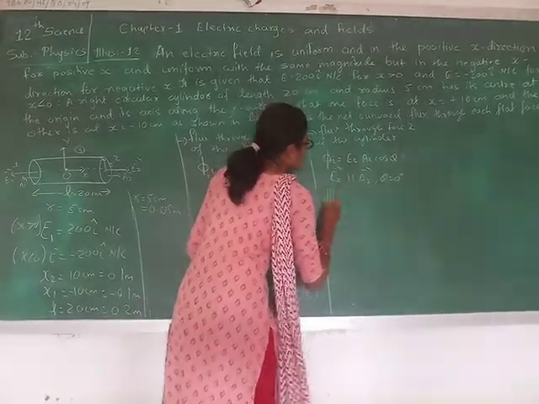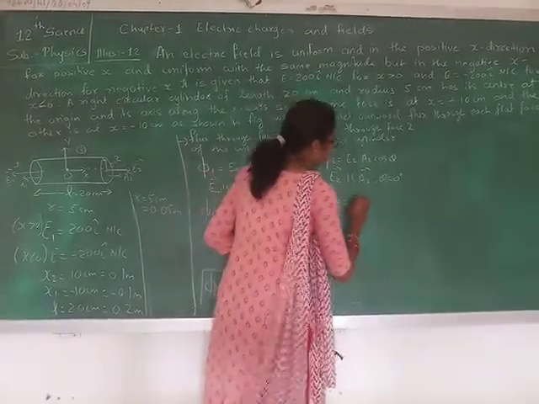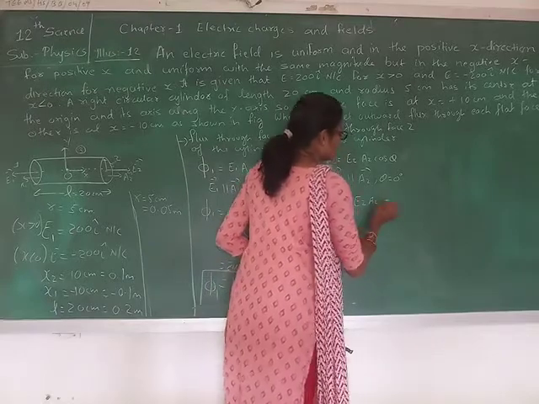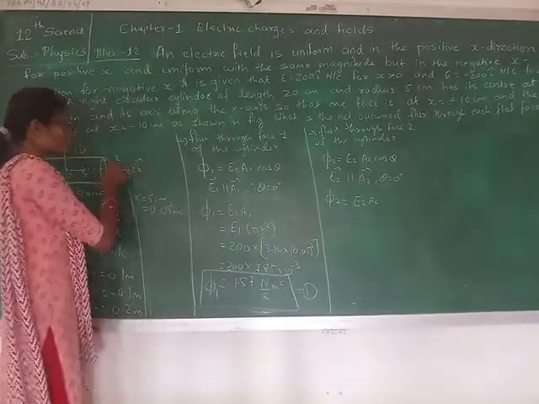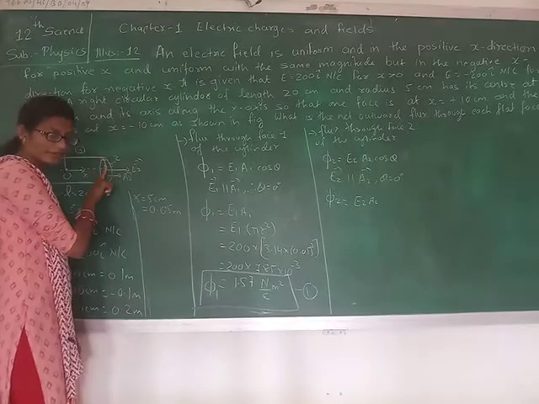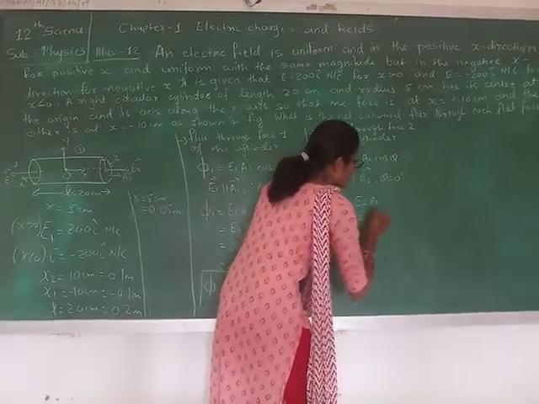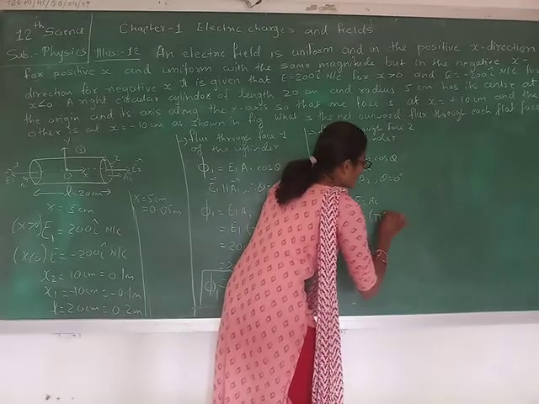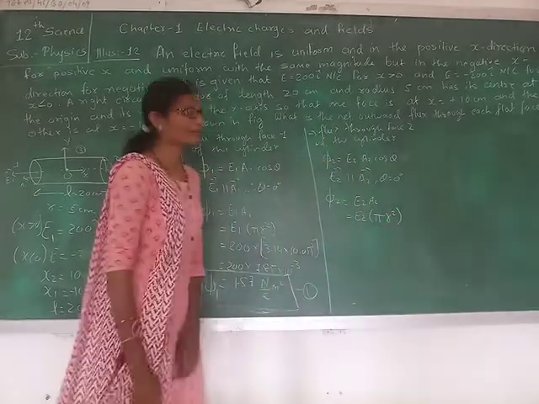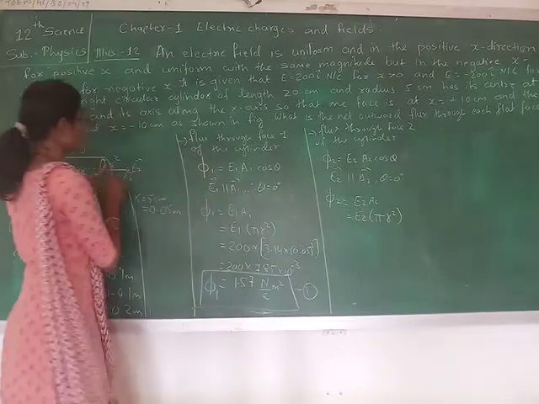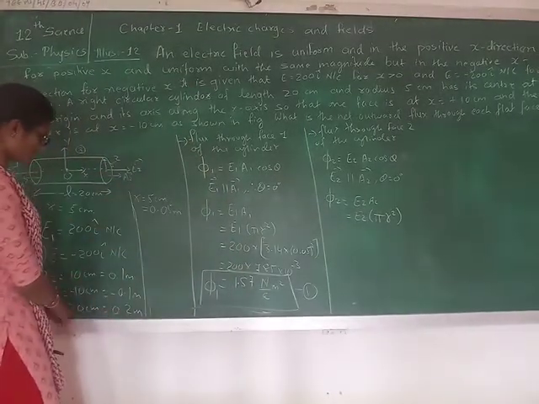So let us write phi 2 equals E2 A2. Again for this phase also, the surface area of this circular phase of the cylinder, we can write as pi r square. The electric field along this direction is plus 200.